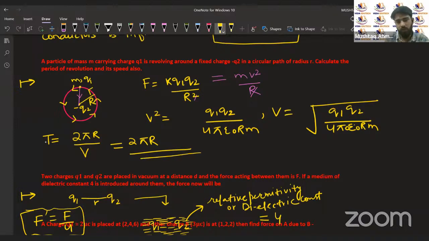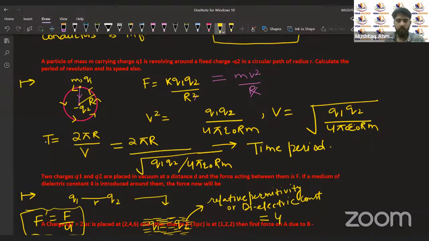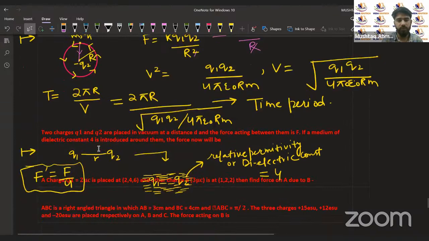So the value of v came out to be Q1 Q2 upon 4 pi epsilon naught r into m. So this will be the time period of this charge.